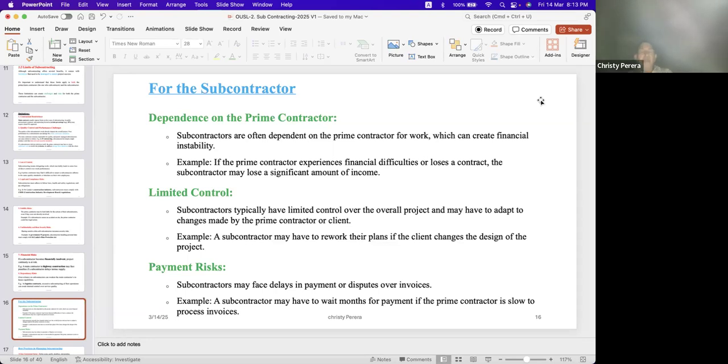The main man can't find enough funding or faces a loss, so the subcontractors also, they might not get paid. There are so many incidents, right?